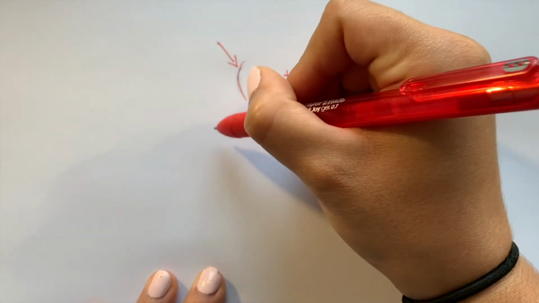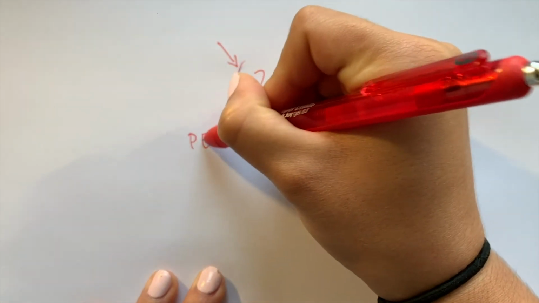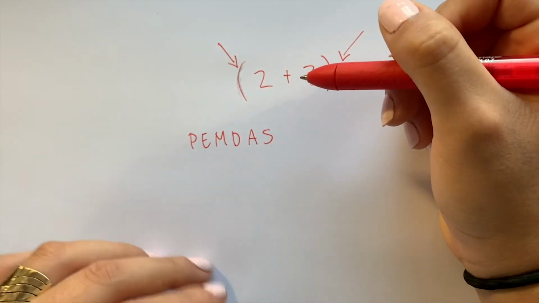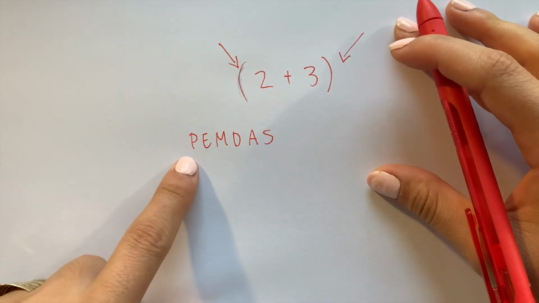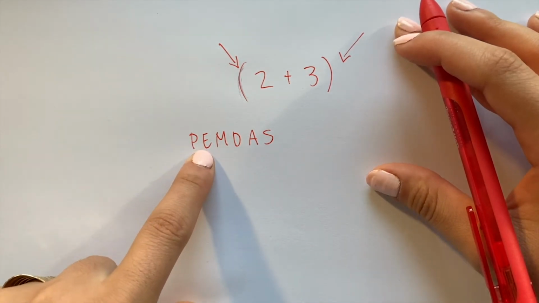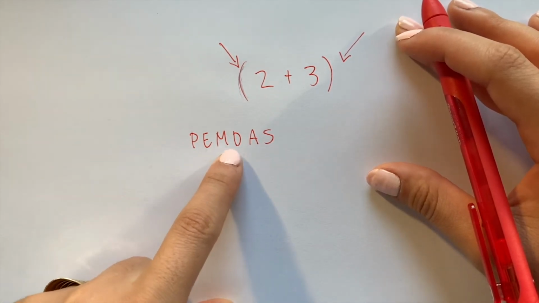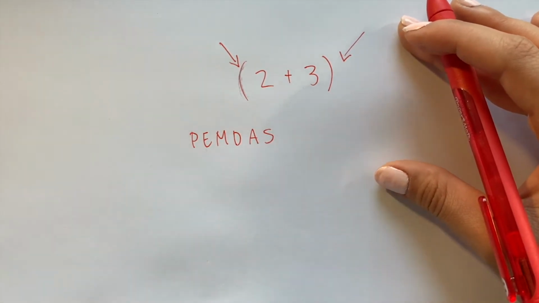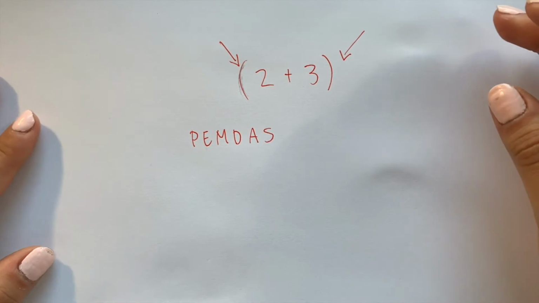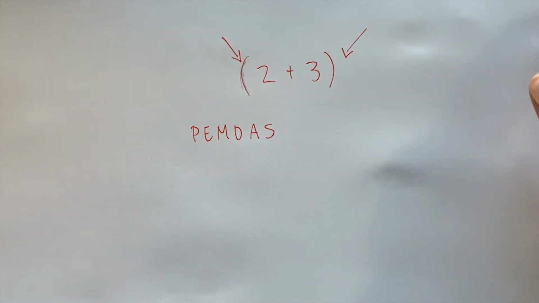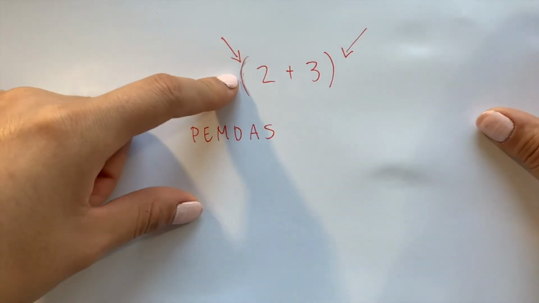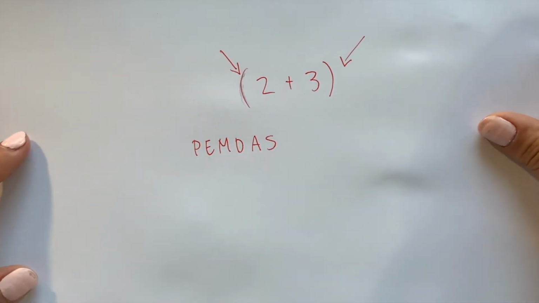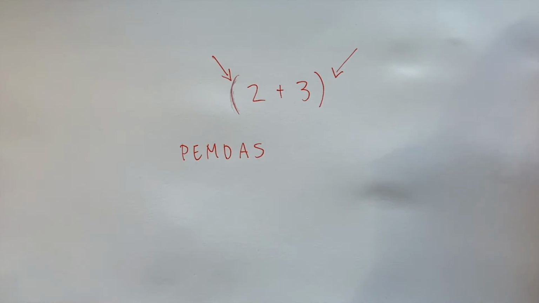And we will also be going over PEMDAS, which, if you know, means parentheses, exponent, multiplication, division, addition, and subtraction. That's basically what that entire thing stands for. And we're going to go over some problems where we are working with parentheses, and we really do have to apply PEMDAS in order to solve the problem and get the correct answer.